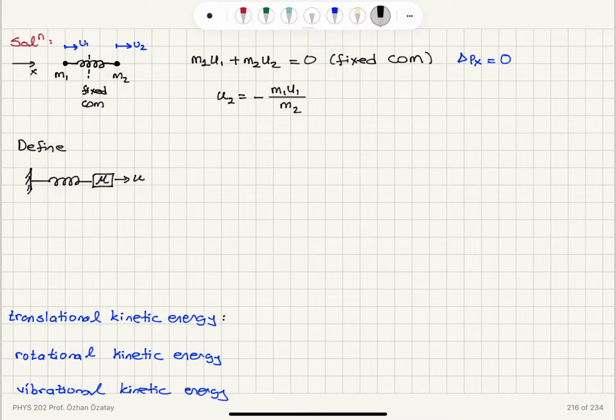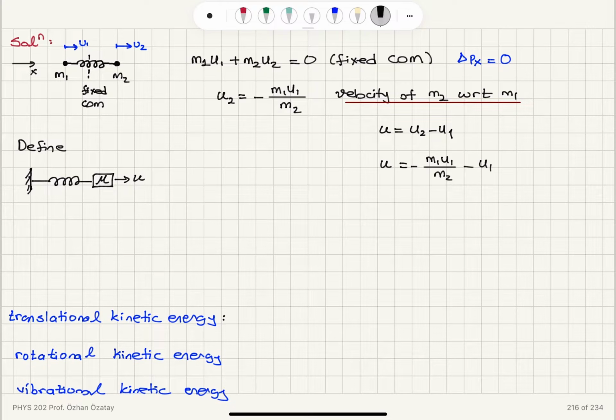So if I write the velocity of m2 now with respect to m1, velocity of m2 with respect to m1, it would be u is equal to u2 minus u1. Right, so we can substitute for u2 minus m1 u1 divided by m2, and then we have minus u1 here.